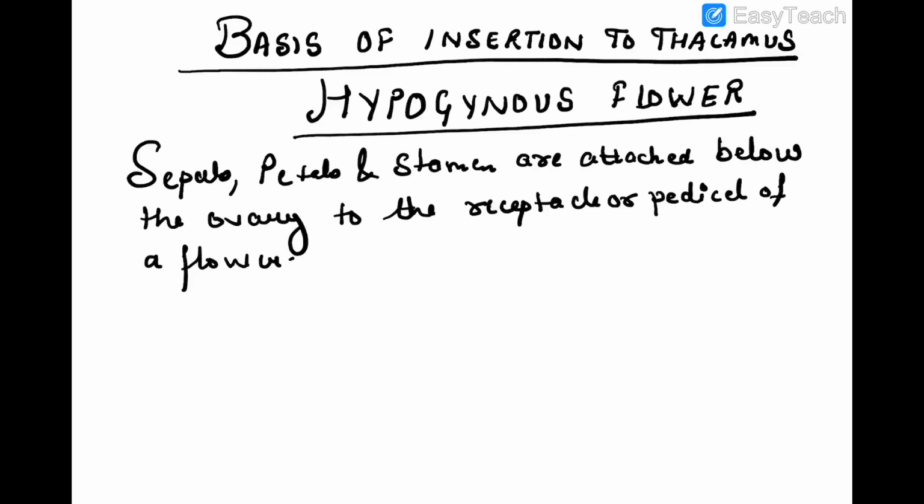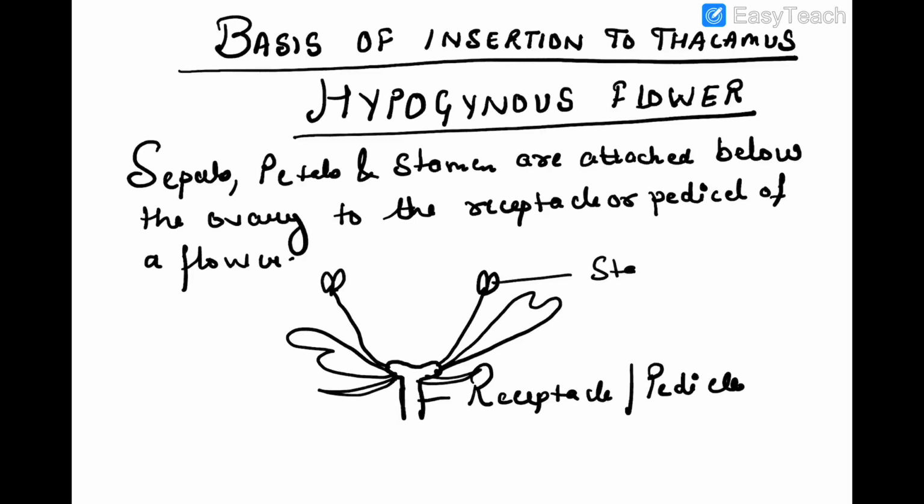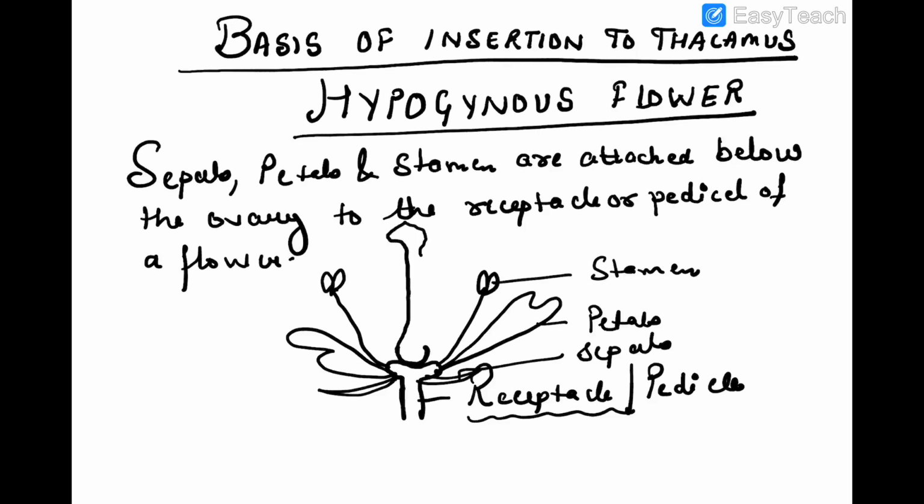Let us understand this with the help of a diagram. So if this is the receptacle or pedicel of a flower, all the structures like stamens, petals, and sepals would be attached to the receptacle, and these would all be inserted below the ovary.